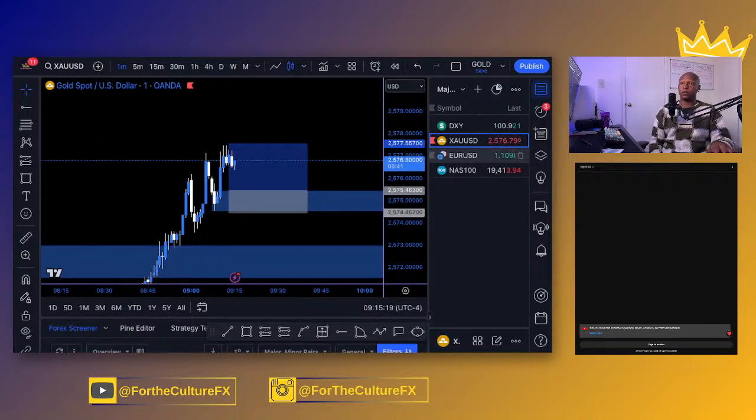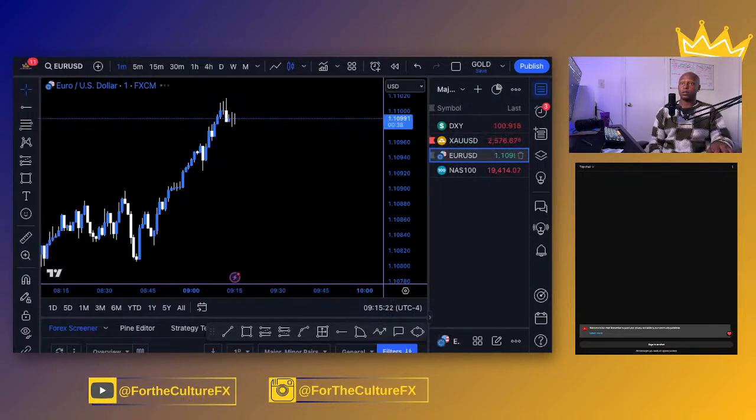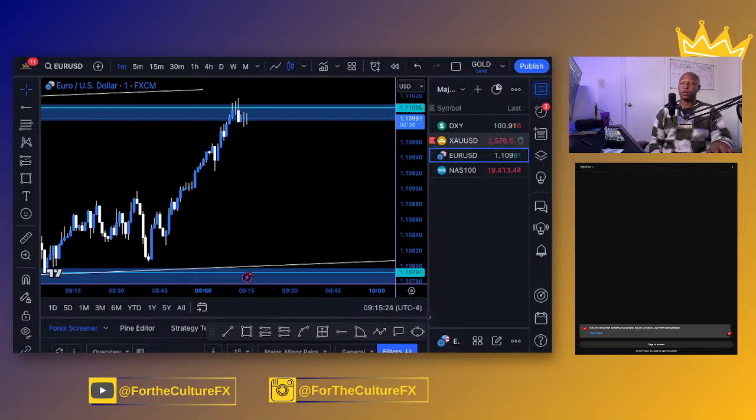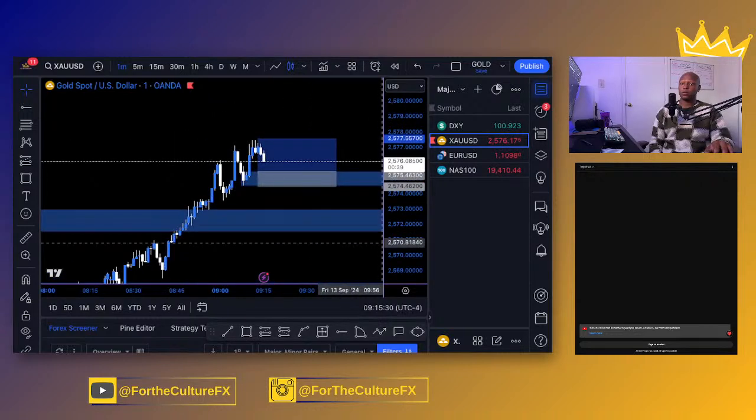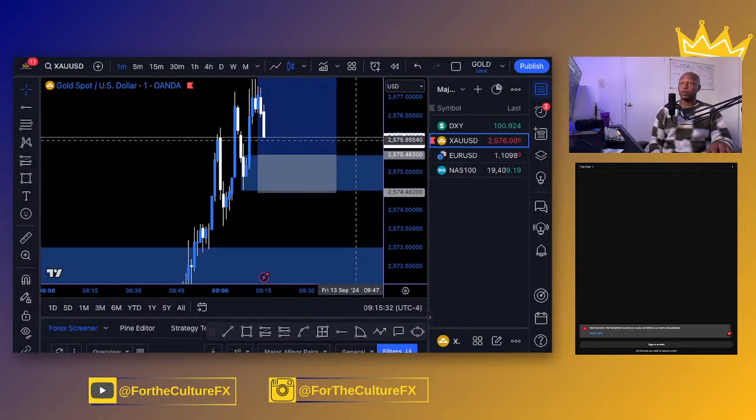Let's take a look at EU real quick. EU forming a little bit of a corrective structure beginning there. All right, we're coming to our key level.